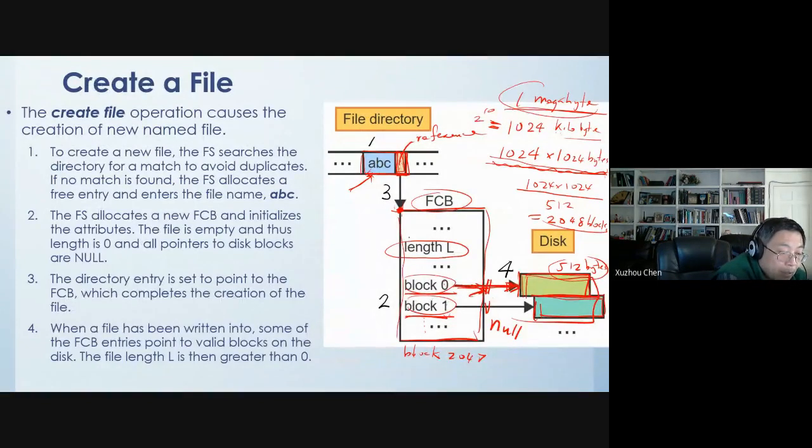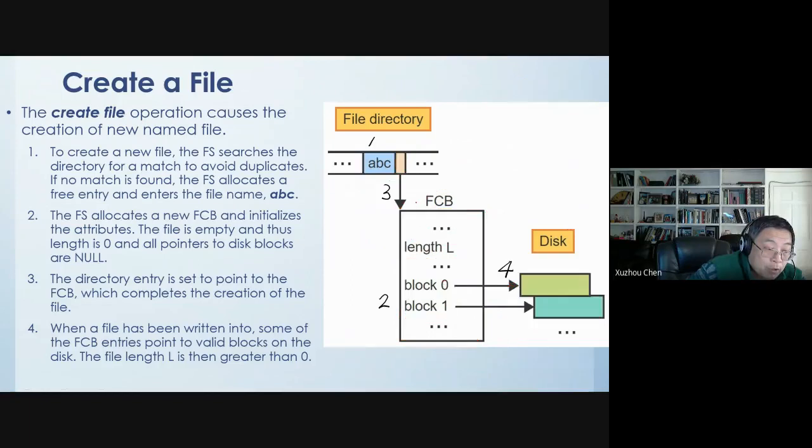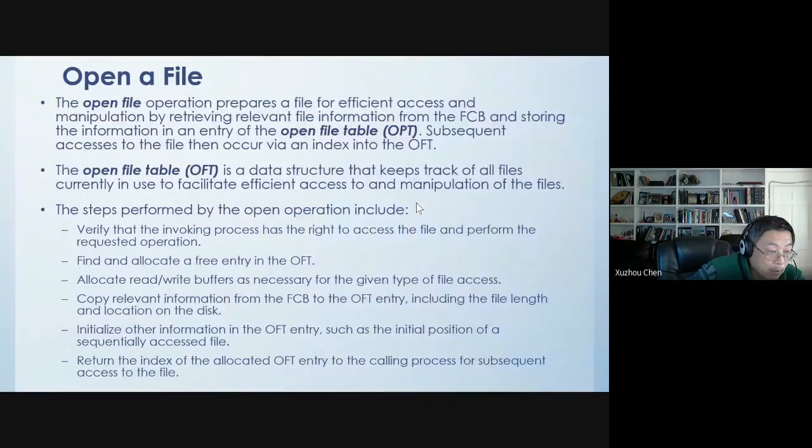There's something called protection information. The file control block contains a lot of information; some of it is not listed here. So if a process wants to access the file, the file system is going to check the protection information to see whether this process has permission to access the file.